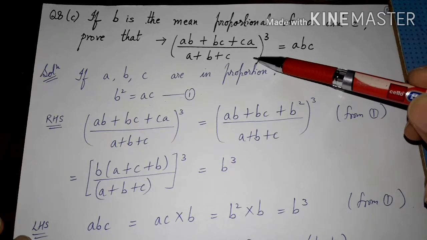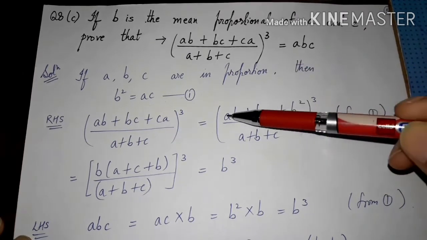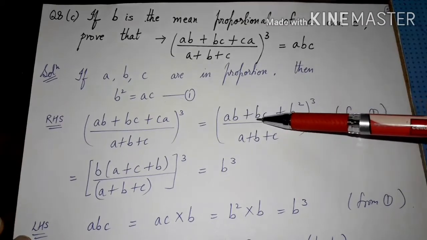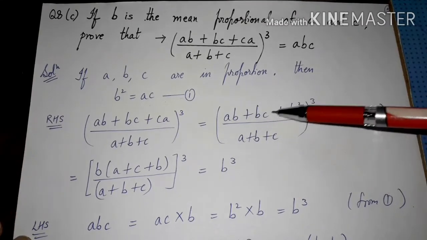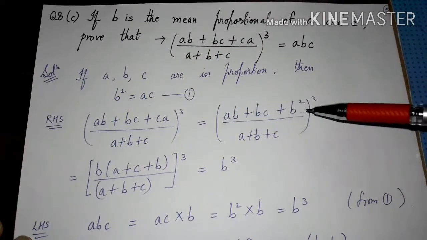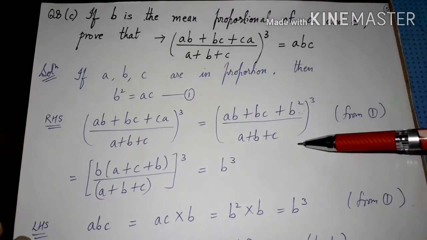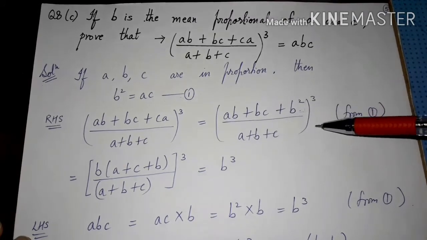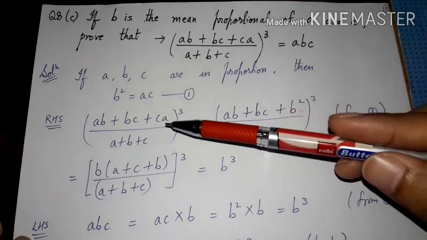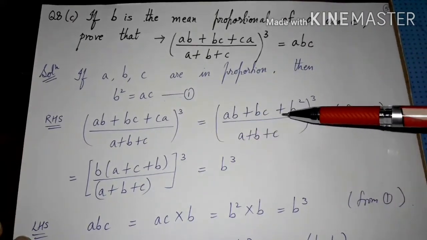AB plus BC plus CA upon A plus B plus C. So AB can be written as it is, BC is also written in the same way, but instead of CA or AC we are writing B square, and the rest of the things are as they are.